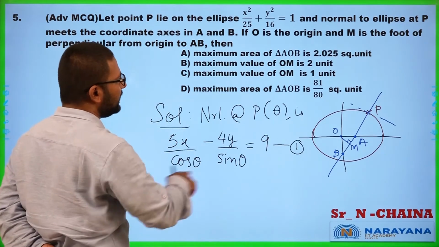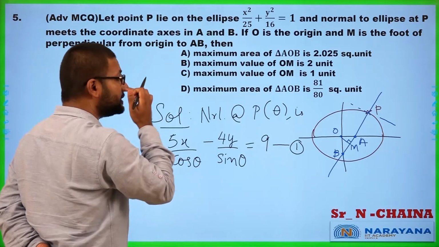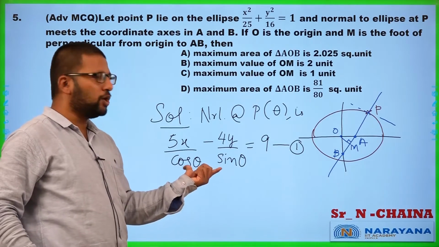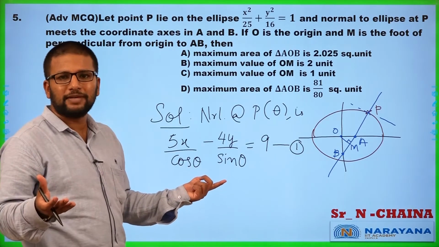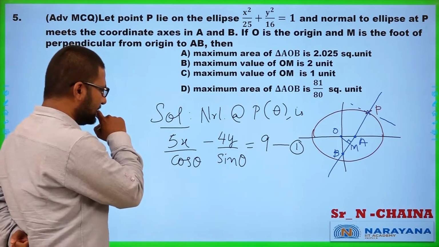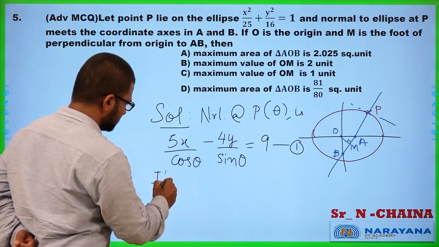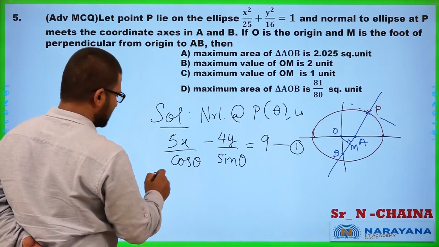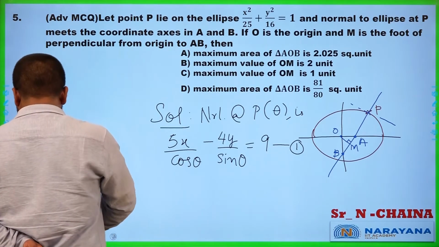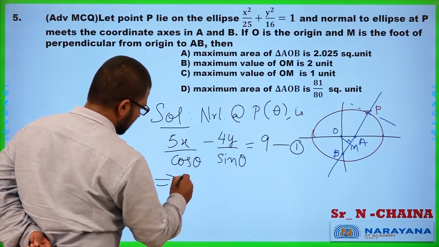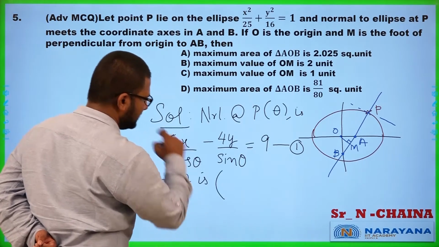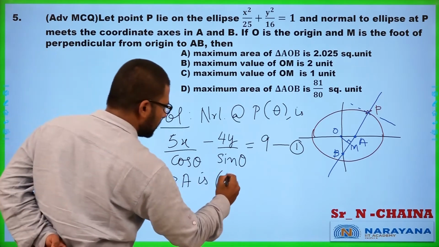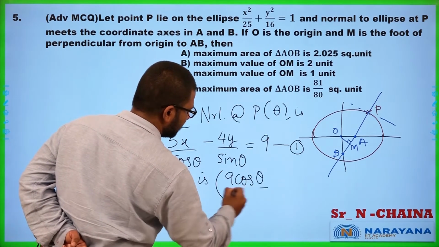Now can we see where it intersects the x and y axes? In fact, instead of putting x and y equal to 0, I suggest you directly go for the intercept form. You are already comfortable with the intercept form, right? So instead of writing the entire intercepts, let us write the coordinates of A and B. A's x-intercept: bring the 9 here, bring 5 down, so 9 cos theta upon 5.